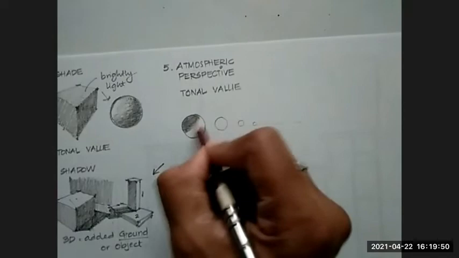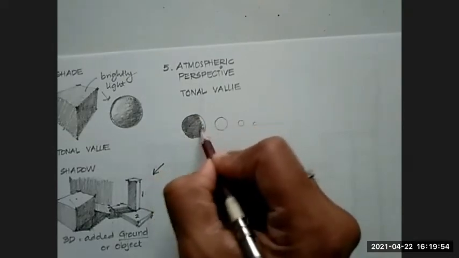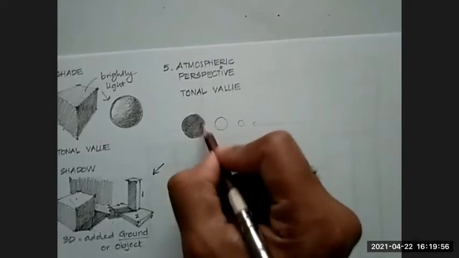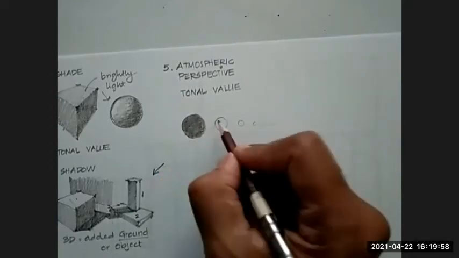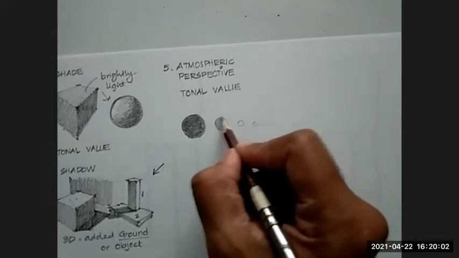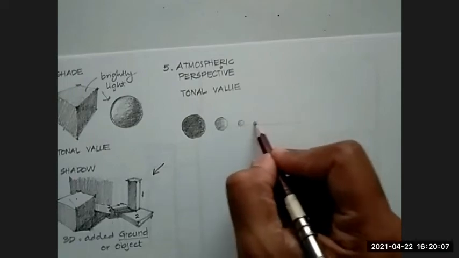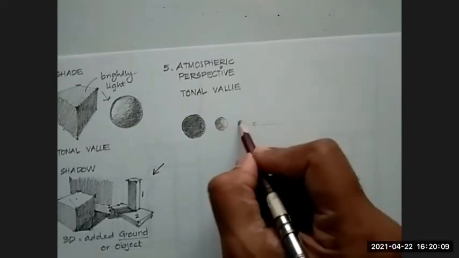Considering that this is the closest object, I'm going to do it in a darker value and I'm going to reduce the tonal value and then the tonal value again, and this is the last.